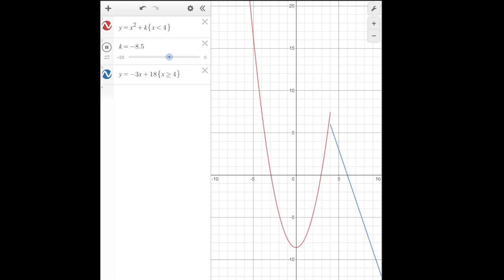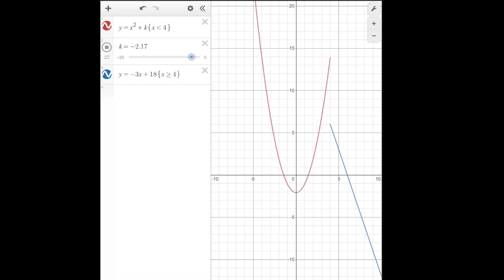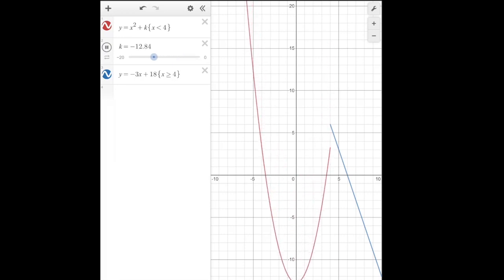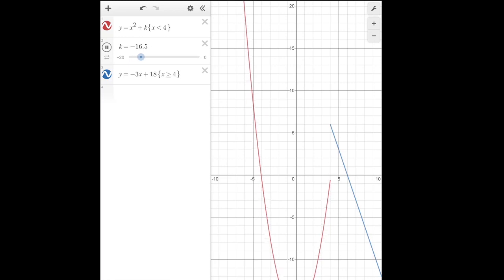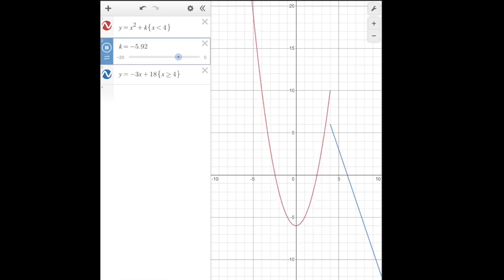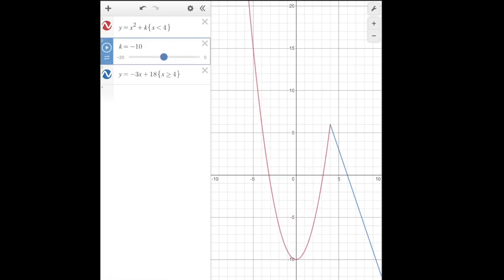So watch what happens whenever that constant is any other value. We're going to have some sort of jump discontinuity. The only way it's going to be continuous is if we get it to be exactly 10 as our constant. Okay? So that's essentially what we're doing algebraically whenever we're doing these removable discontinuity problems.